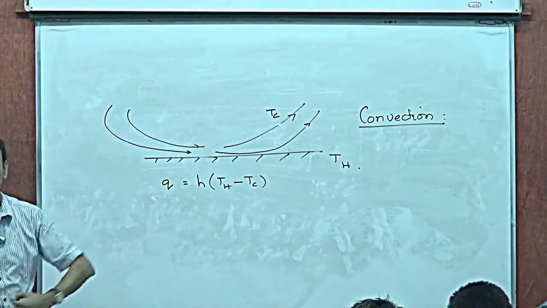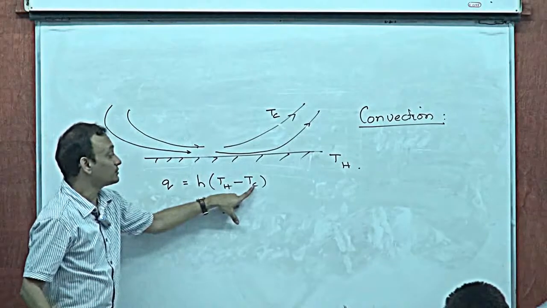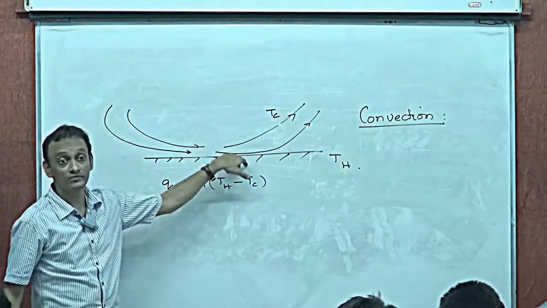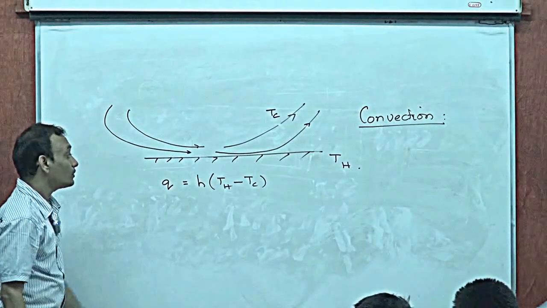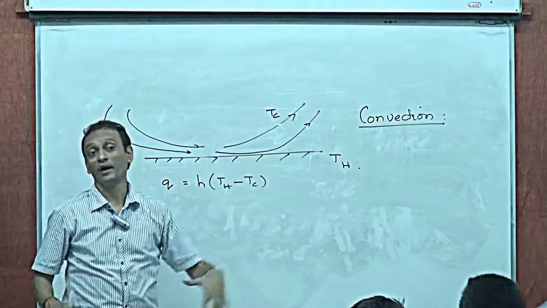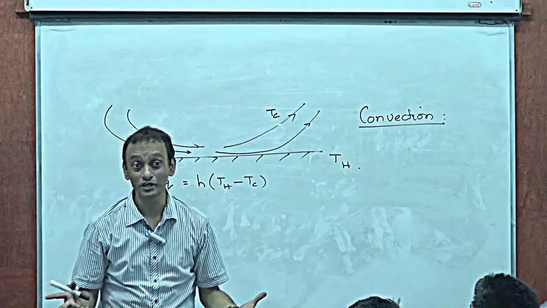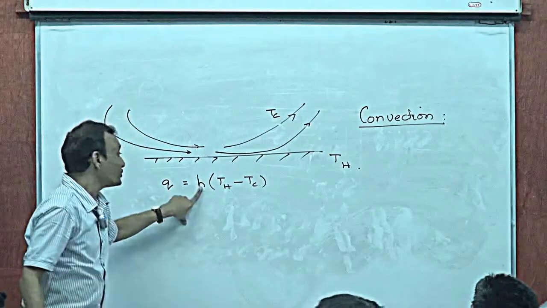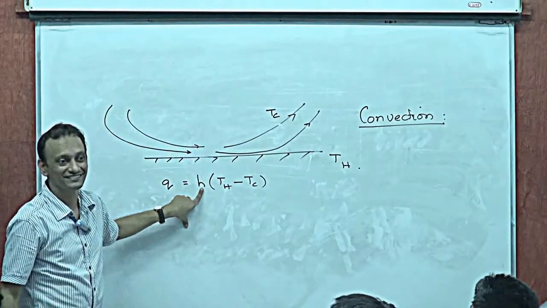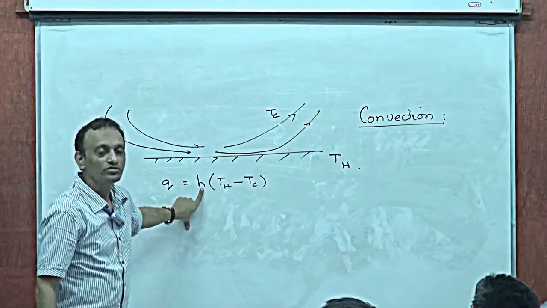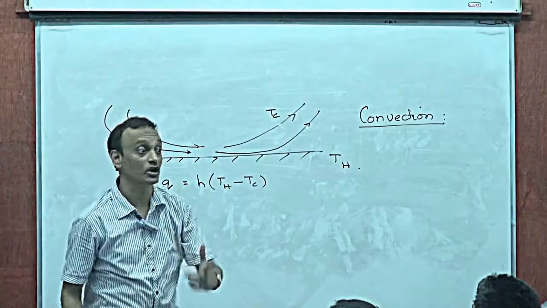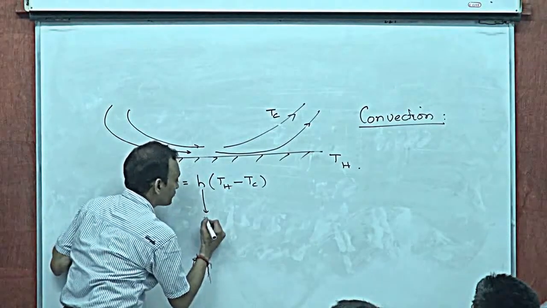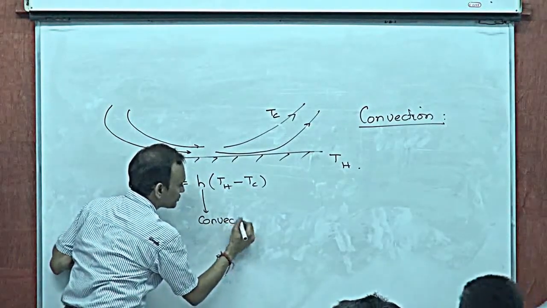Tc is the temperature of the fluid flowing over it, and Th is the temperature of the hot surface. Now the problem is, it looks so easy, so why is it not kept in the syllabus, right? The problem is obtaining this value of H. It's the biggest problem in heat transfer. This is called the convective heat transfer coefficient.